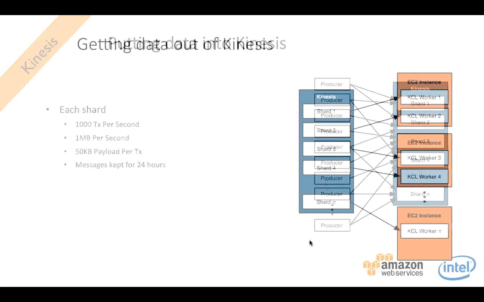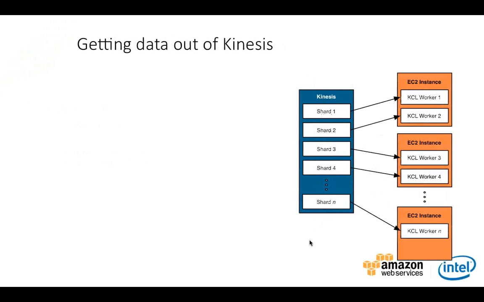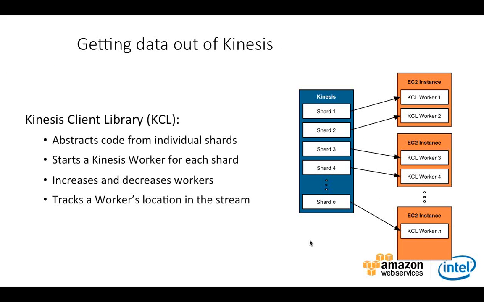At the other end, you then build those applications to talk to the shards, and we've provided a Kinesis client library just to make it easier for you to build those applications. Currently, you can write with the client library in Java or Python. And that takes care of a few things.